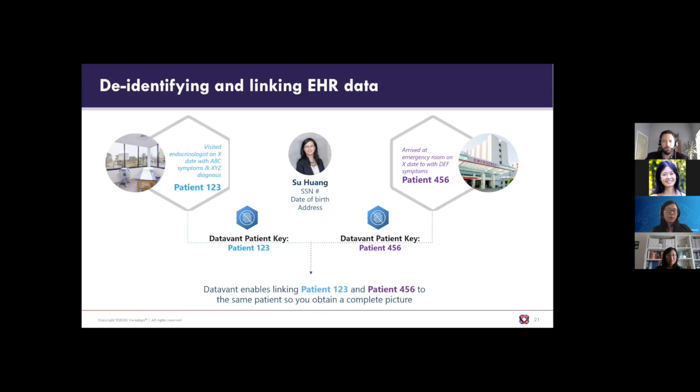And you would know that both of those correspond to the same person through the ability to link those de-identified records together using the Datavant patient key, but you wouldn't know that those records correspond to Sue Huang specifically, therefore protecting my privacy. So our software does this by applying a unique encryption key for each organization to create patient keys that are built from identifying information that each organization may have for me, but it encrypts the identifying information in a way that you don't know the record is for Sue Huang.